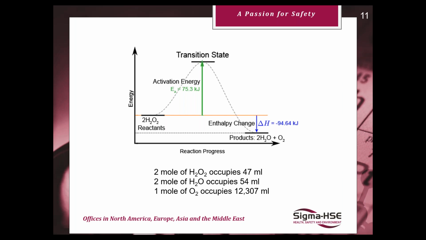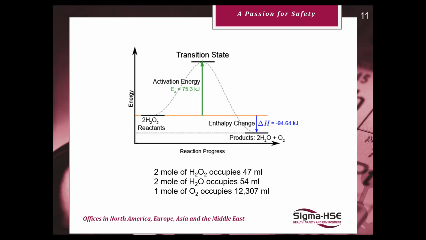We're starting with our reactants, our peroxide. We're heating it up through a transition state, and then the sum of the enthalpy of the products gives us a negative enthalpy change, which results in an overall exothermic reaction. So the reaction moving from reactants to products is giving out heat.